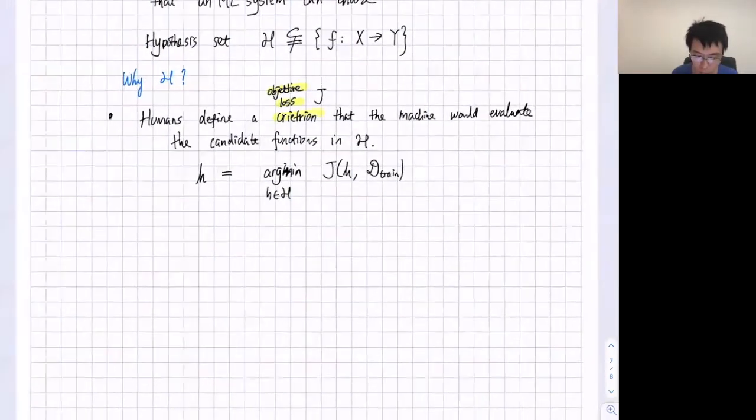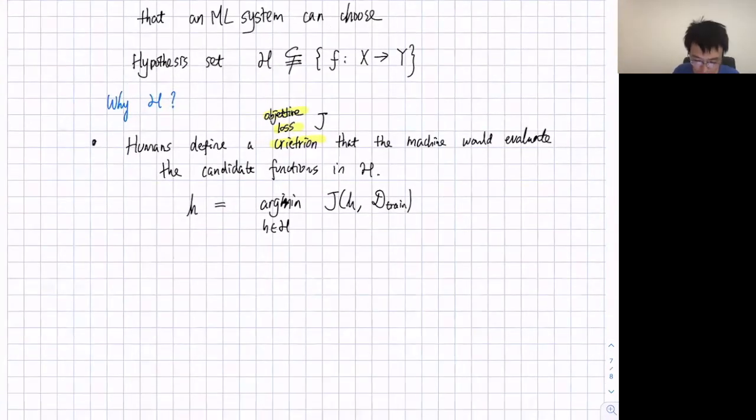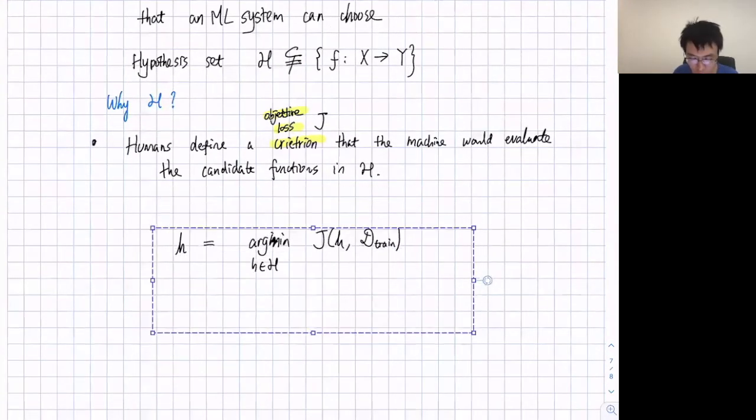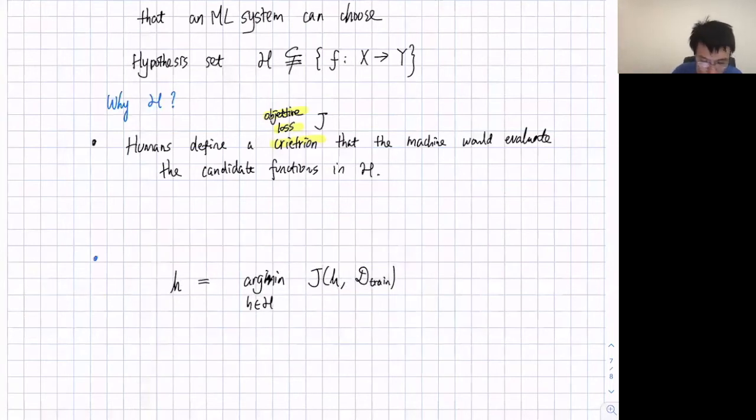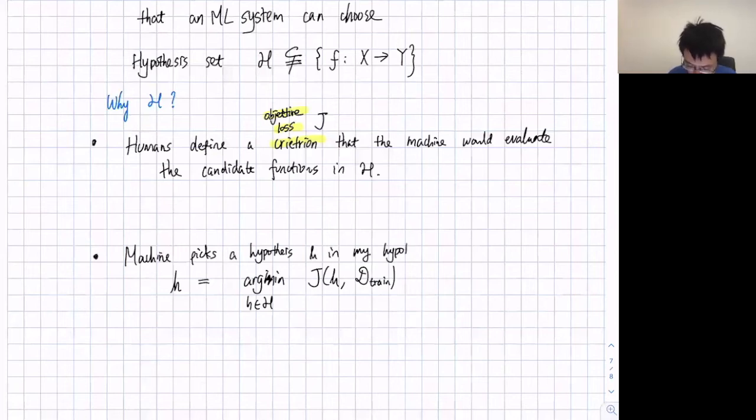Now the next step is minimizing. The third step is that the machine picks a hypothesis H in my hypothesis set, the hypothesis class.